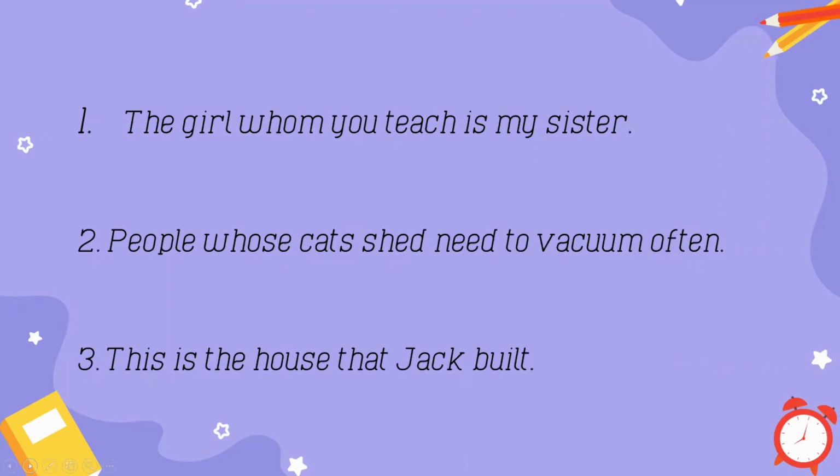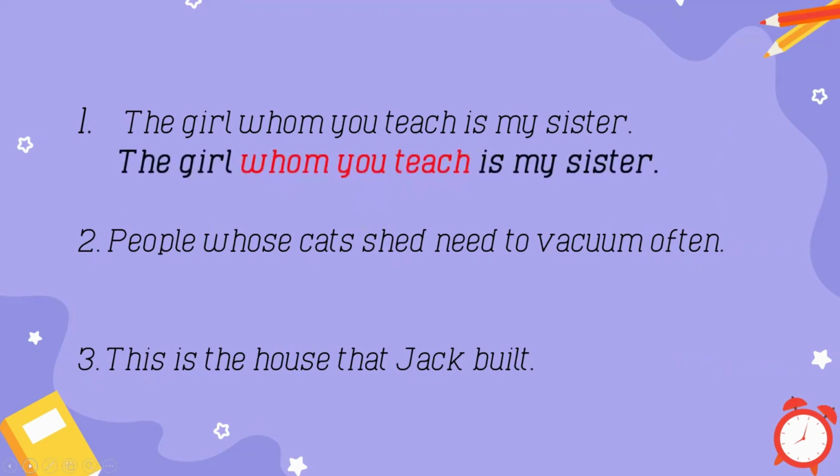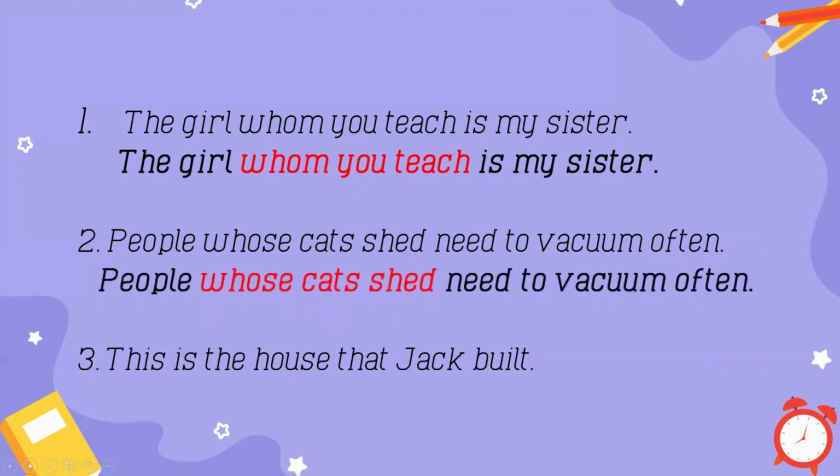For number 1, the adjective clause is whom you teach. Now take note, it is introduced by the relative pronoun whom. And that clause describes the subject, girl, which is a noun. Therefore, that clause is an adjective clause. Number 2, whose cats shed is your adjectival clause, modifying the subject, people, which is a noun.